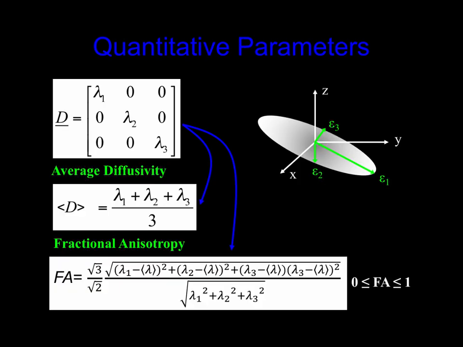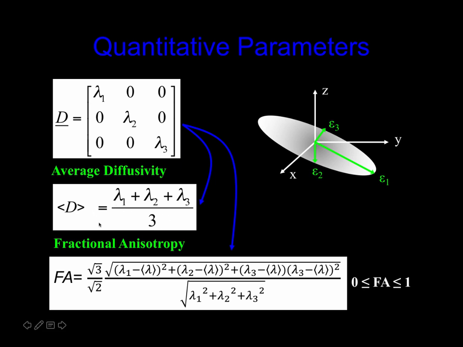So now that we've got these parameters, we can calculate some of the things that people are very familiar with for diffusion imaging. For example, the average diffusivity or mean diffusivity, which is the trace of this matrix divided by 3. That gets us the average in x, y, and z.